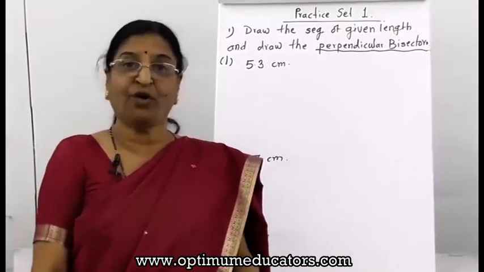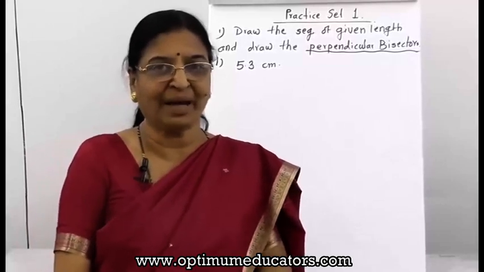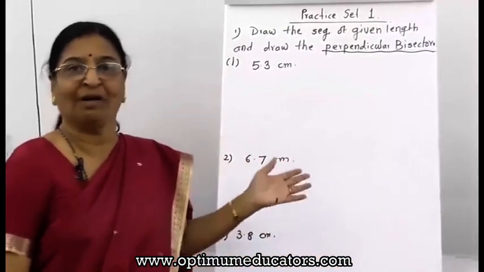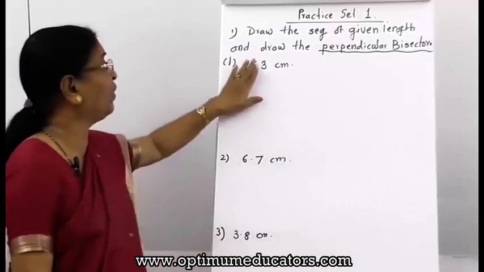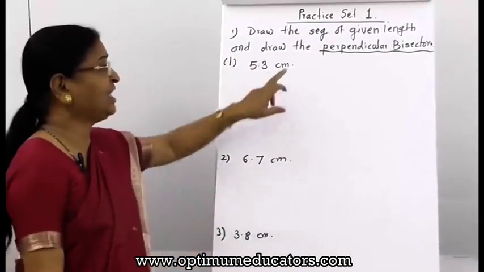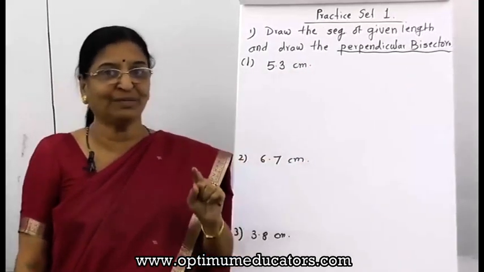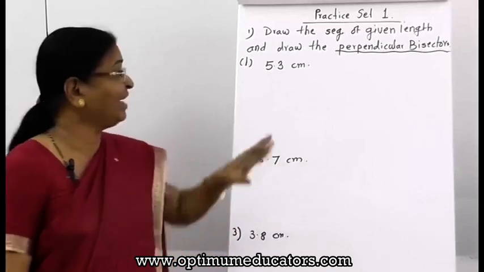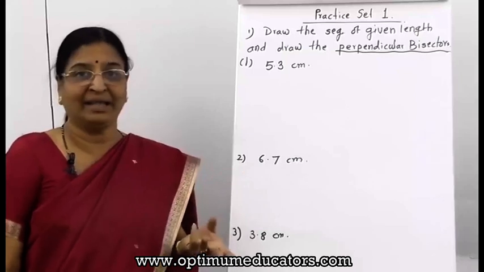Now students, what we have learned about the angle bisectors and the perpendicular bisectors, we will try to solve our practice set 1. See, in that practice set 1, the first sum is about drawing a perpendicular bisector. Now you must be knowing how to draw it for the given segments. So there are three different lengths given.